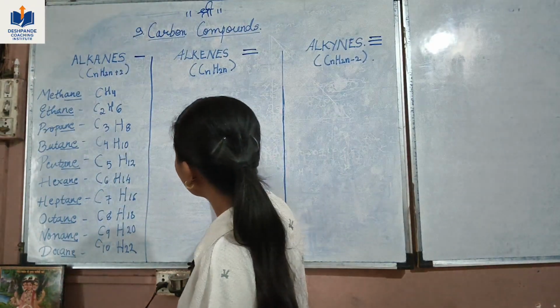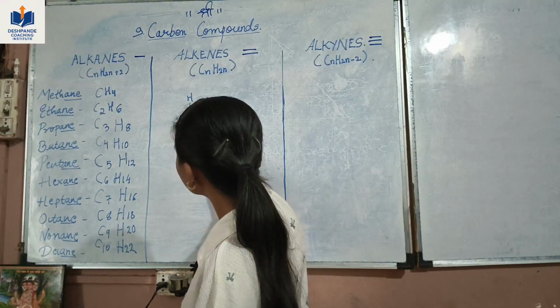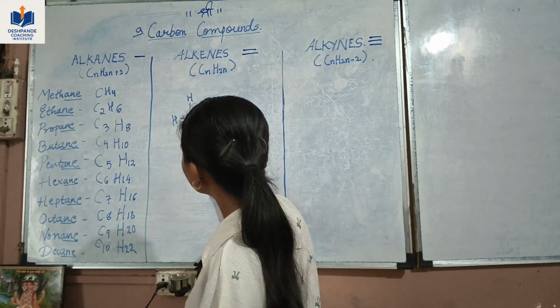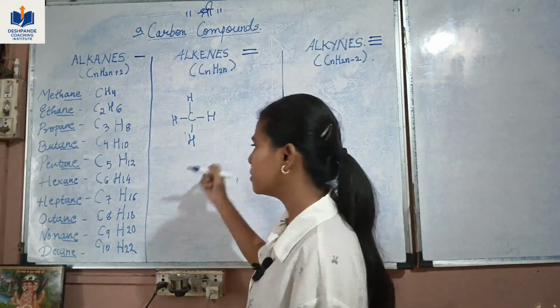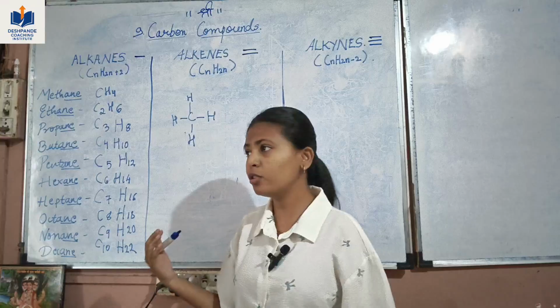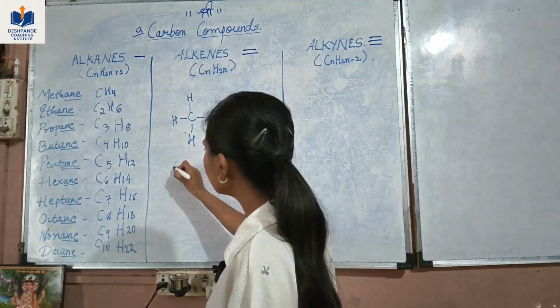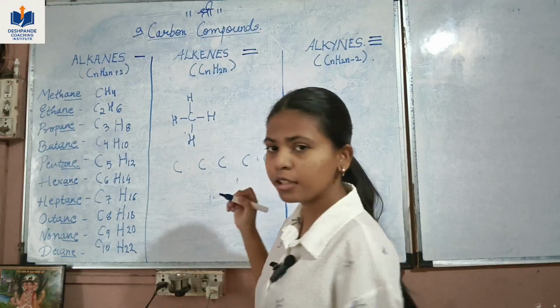CH4, I showed you, looks like this: 4 hydrogen atoms around a single carbon atom. Now if we take for example C5H10, how will you draw its molecule? First we will draw 5 carbon atoms.